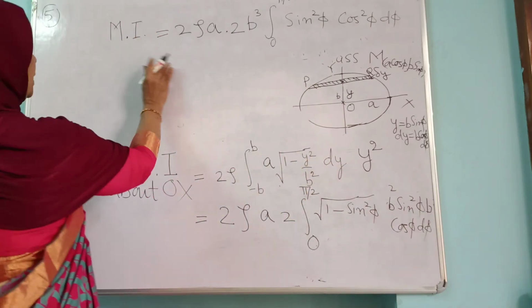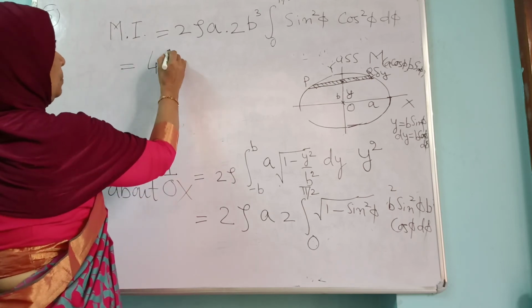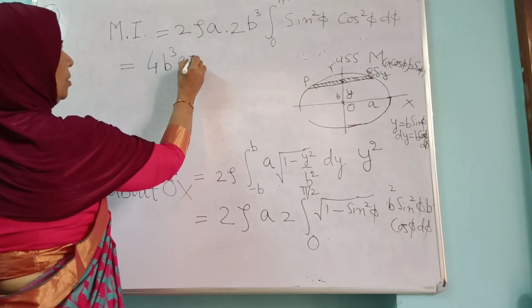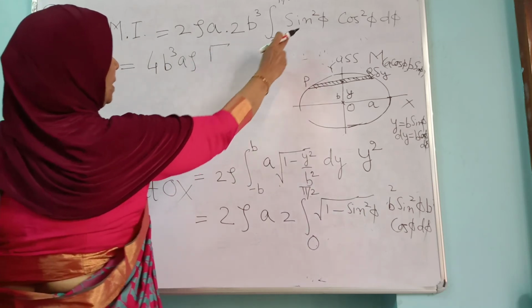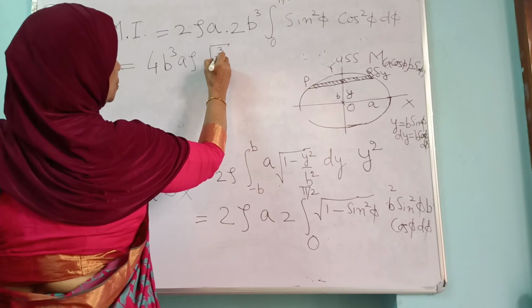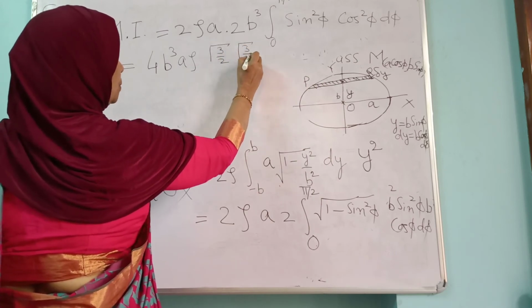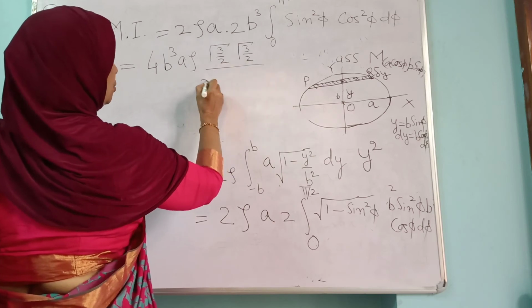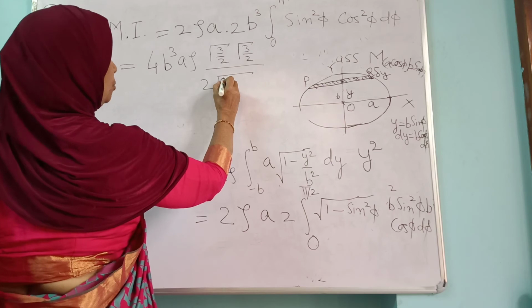So you will get cos phi into cos phi, and then b square sin square phi, because you have y square. So this will be equivalent to 4 b cube a rho, and then the gamma function, gamma (n plus 1) by 2, gamma (n plus 1) by 2 divided by 2 gamma (m plus n plus 2) by 2.